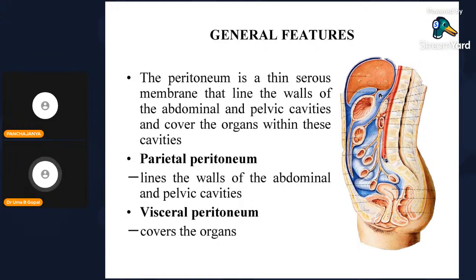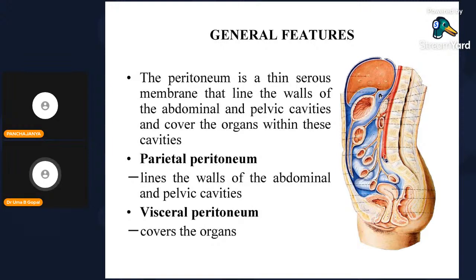This is the posterior abdominal wall attachment of peritoneum, separating it from the aorta, inferior vena cava, kidney, pancreas, retroperitoneal part of the duodenum, ureter. All these are retroperitoneal structures, and posterior to it is the vertebral column, bodies of vertebrae, what you can see.